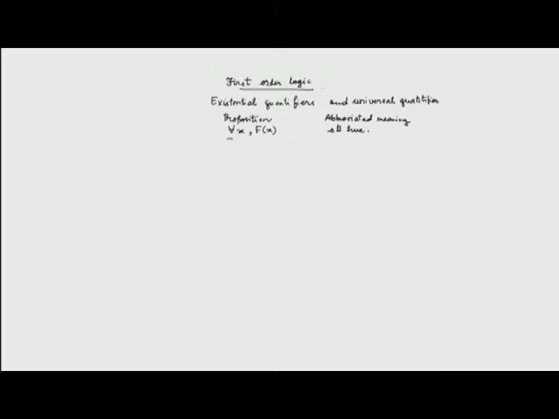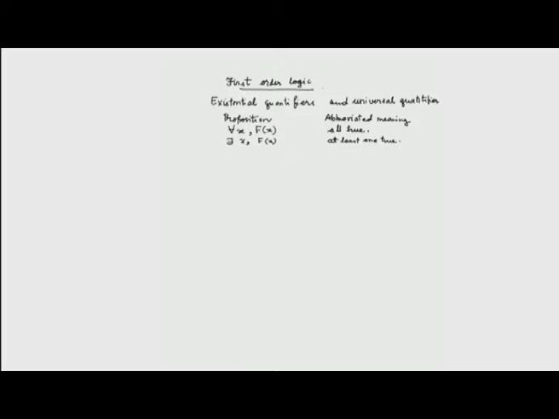Next, there exists x f x. If this statement is true, that means there is at least one x such that f x is true. So, we write the abbreviated meaning as at least one true.